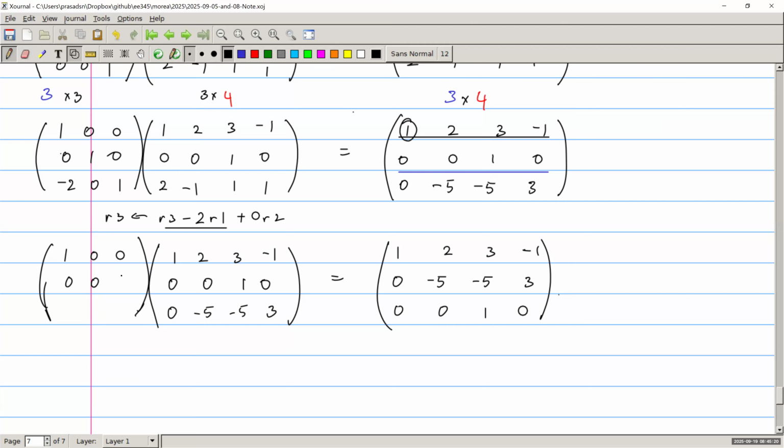Right, very good. 0, 0, 1. Third row? No, the third row will be this one, right? So this is the product, so it should be 0, 1, 0.